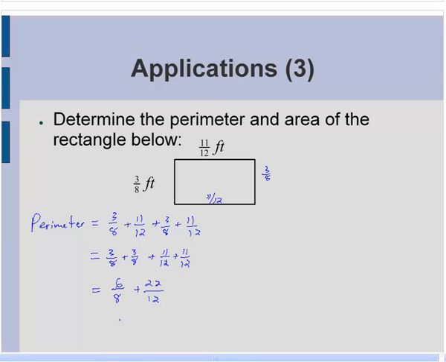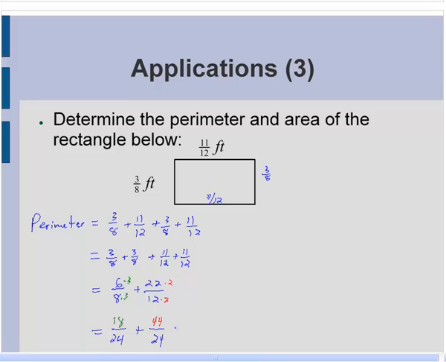And wait a second, we're going to need a common denominator here. 6/8 and 22/12, let's see, the LCD would be 24. Both 8 and 12 go into 24. 8 times 3 is 24. 6 times 3 is 18. 12 times 2 is 24. And 22 times 2 is 44.